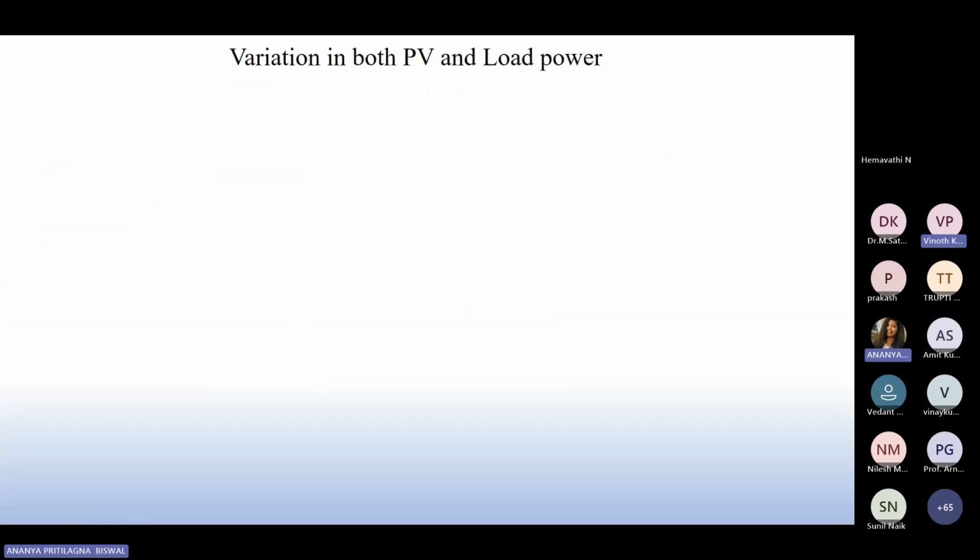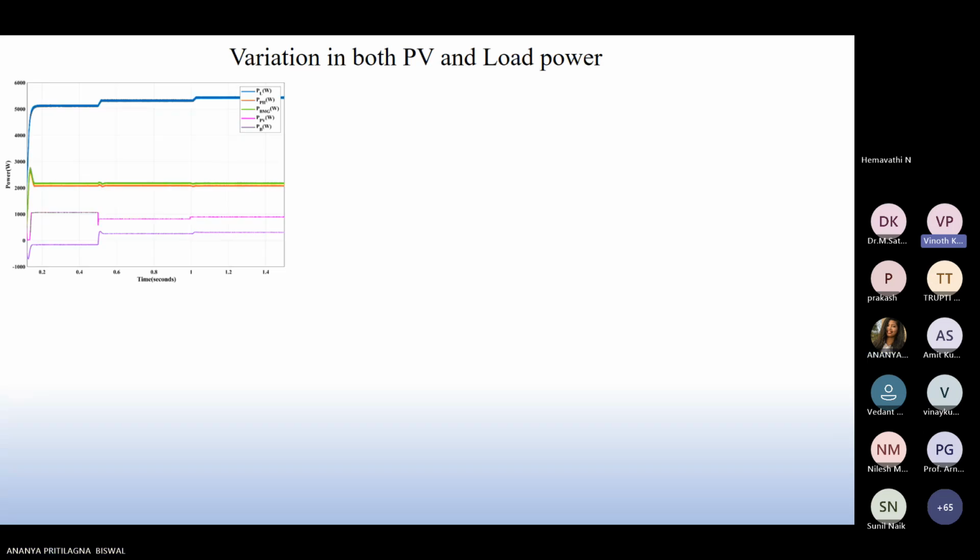Now, if we vary more than one parameter, like both PV and load power, here we are varying in two steps. The load power we are varying in two steps, and similarly PV is also varying in two steps, one at 0.5 and one at 1 second.